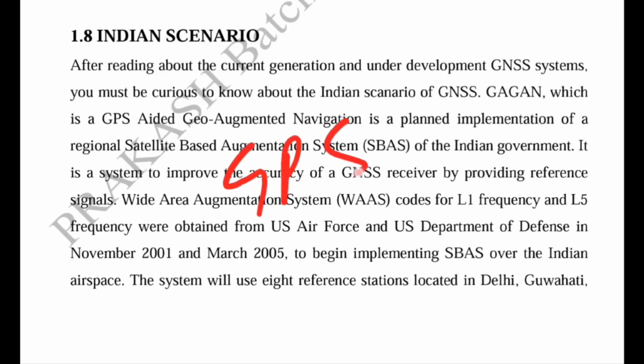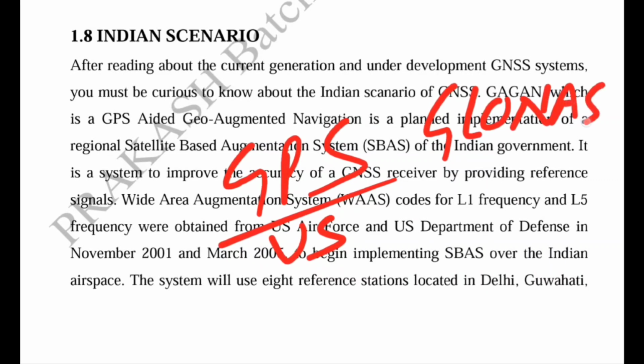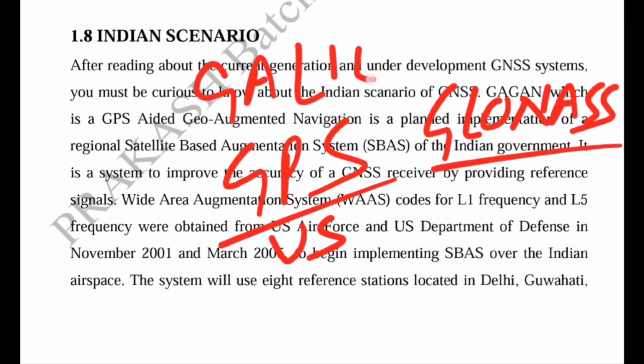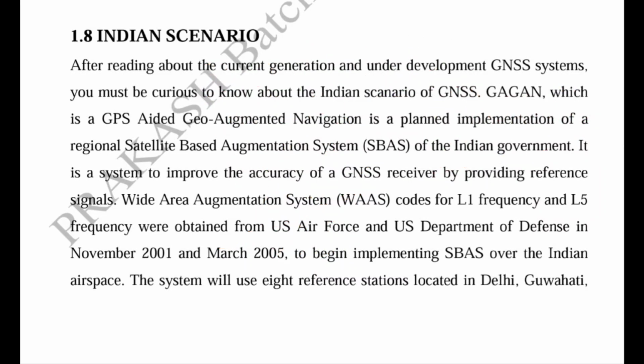First we have seen GPS, of the US department. Then there was GLONASS, of the Russian department, and Galileo we have seen. There was another, the Compass system, BeiDou, of China. Then the Quasi-Zenith navigation system, QZSS, of Japan.